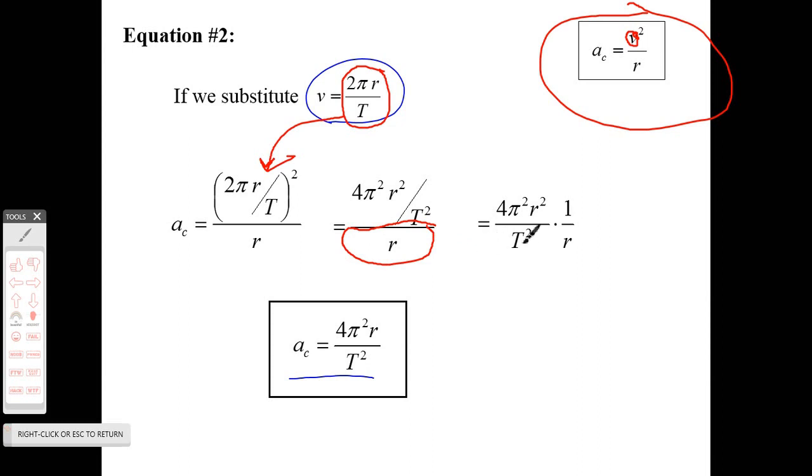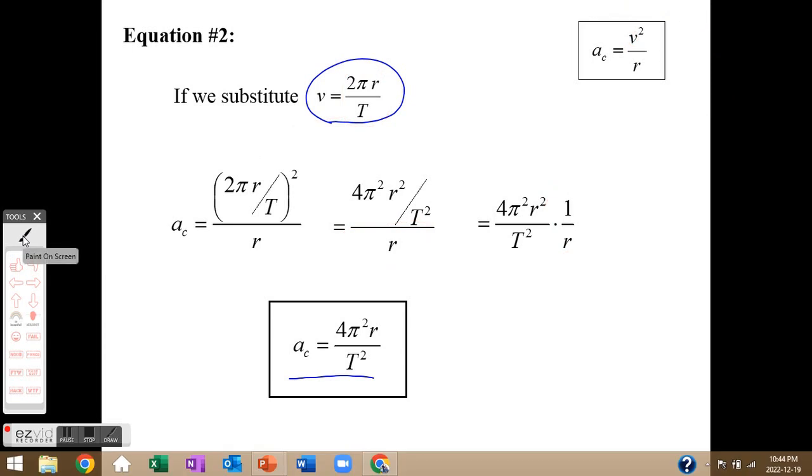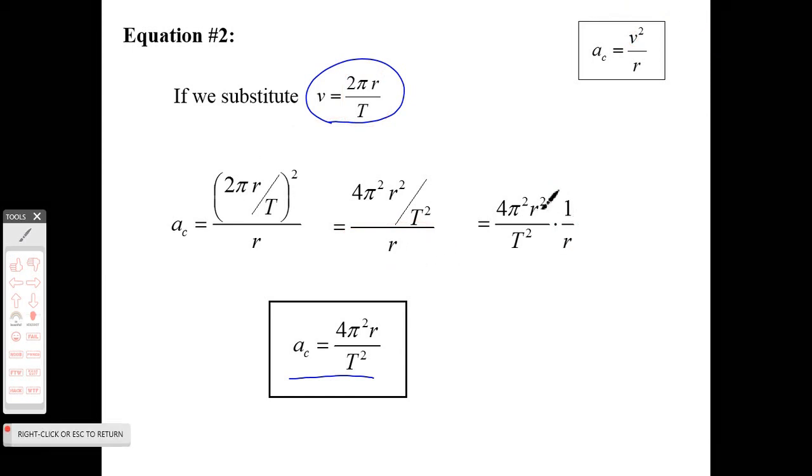What we're going to notice is we have an r on the bottom and an r squared on the top. That means we subtract 1 here, and this just goes away. And so now we're left with 4 pi squared r over t squared, and that's equal to our centripetal acceleration.